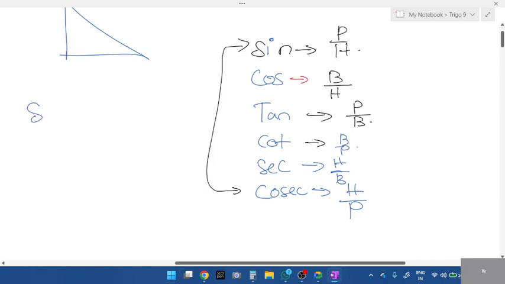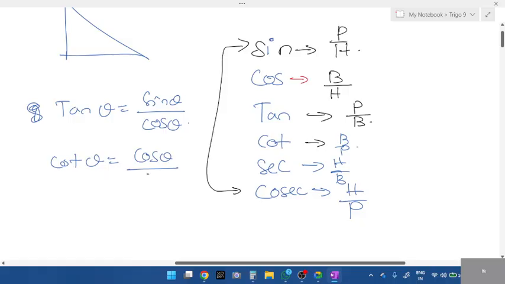Then we have 2 special formulas. What is the tan theta formula? Sine theta by cos theta. Then what is cot theta? Cos theta by sin theta. Remember this. Make a note.